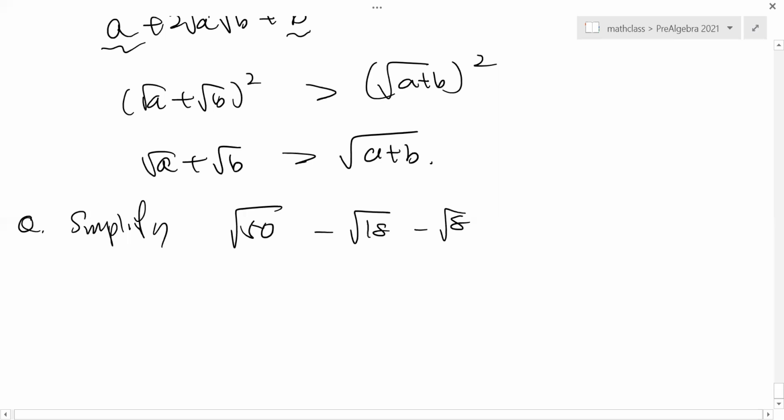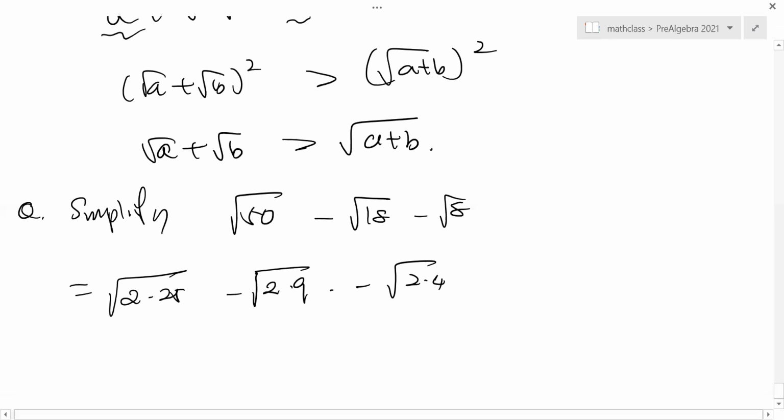It's possible, okay? So let's do it. None of the terms is an integer. Maybe they will cancel out. Square root of 50 is going to be square root of 2 times 25. Here's 2 times 9. Here's 2 times 4. All of them can be simplified, each of them.